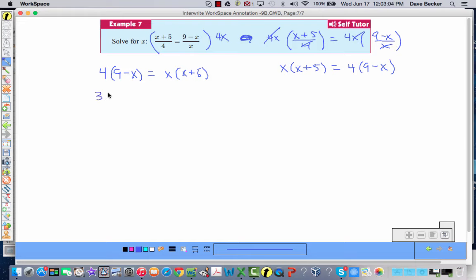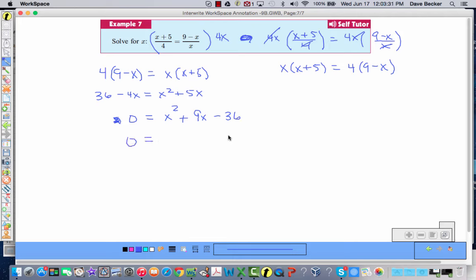All right, so we have 36 minus 4x equals x squared plus 5x. I'm going to bring all this over here so my squared term remains positive, and I get 0 equals x squared plus 5x plus 4x, which is 9x, minus 36. So then that's going to factor.